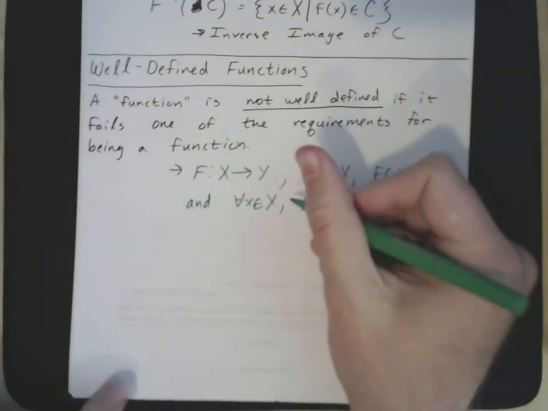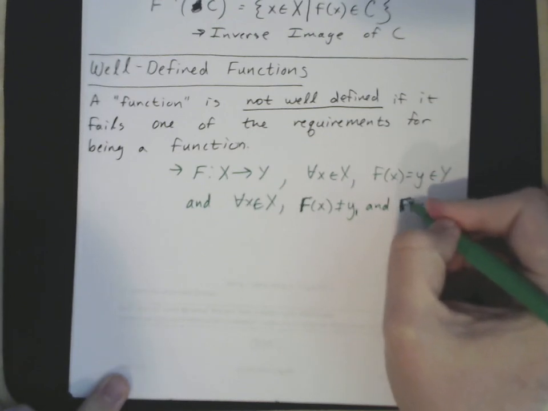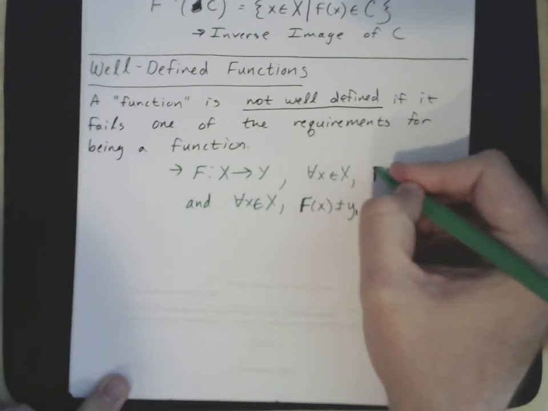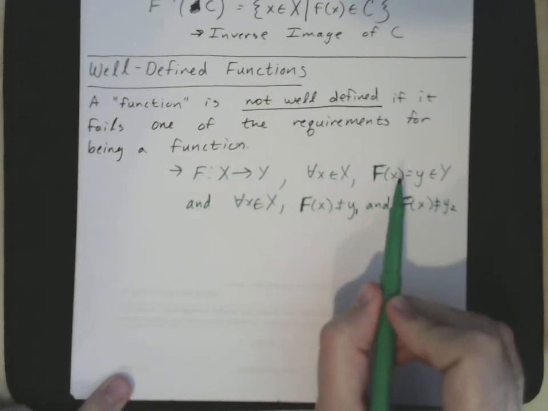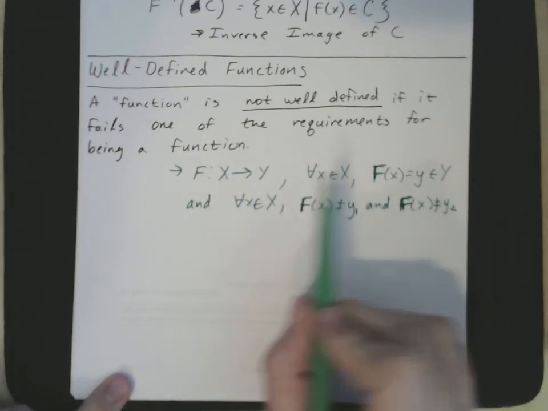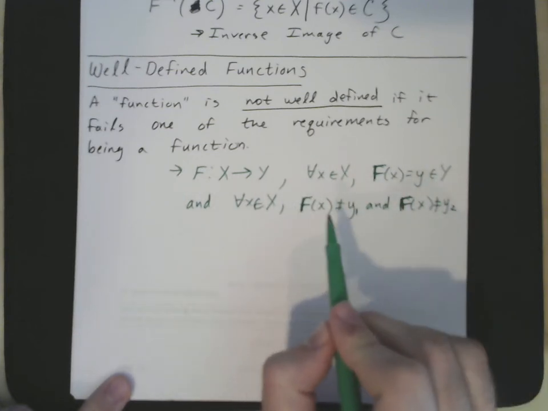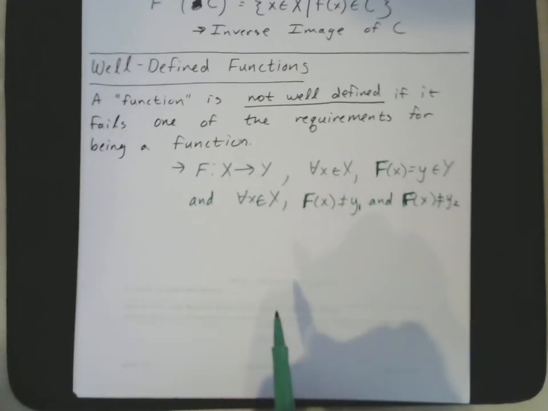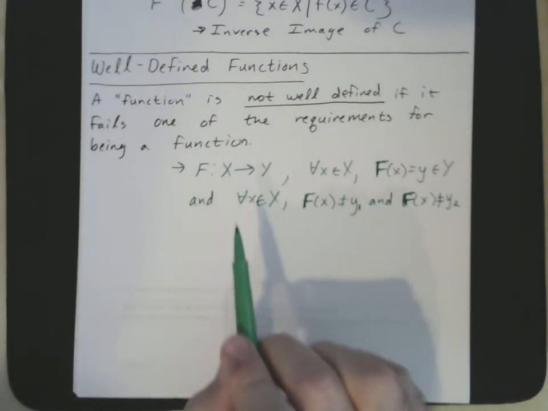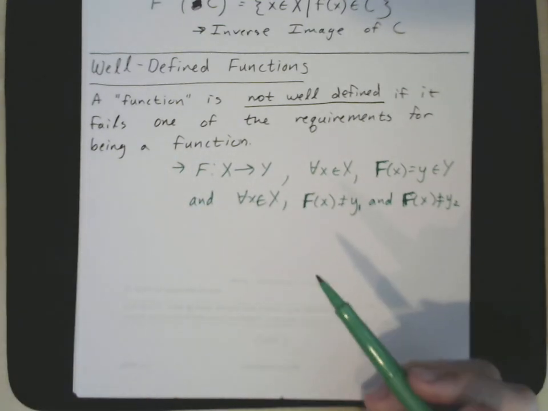So I'm using some shorthand here. For every element in our domain, it's related to something by f in y. And for every element in our domain, it is not related to two things. It's related to one only. So if you fail either of these, you are not a well-defined function.